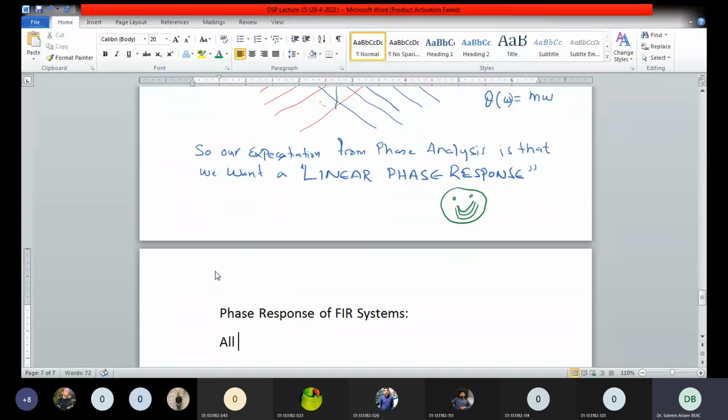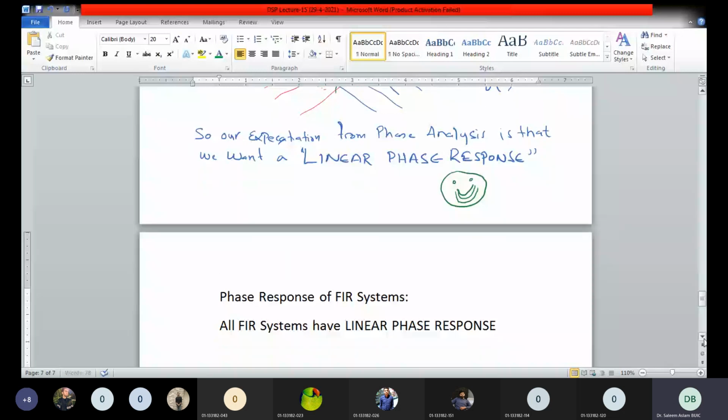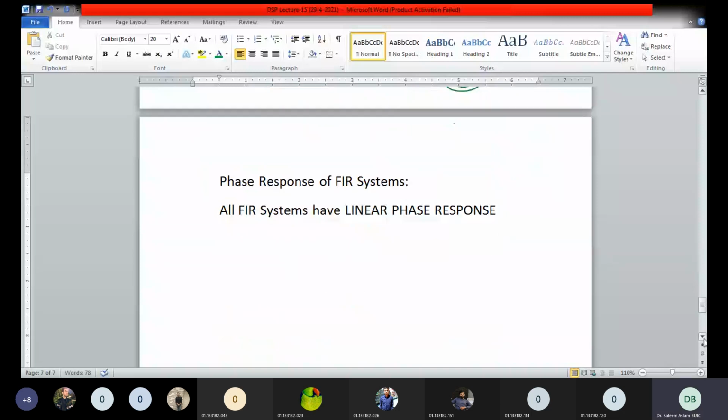All FIR systems have linear phase response. Right? So जितने भी FIR systems हैं, we are much happier because they have linear phase response.